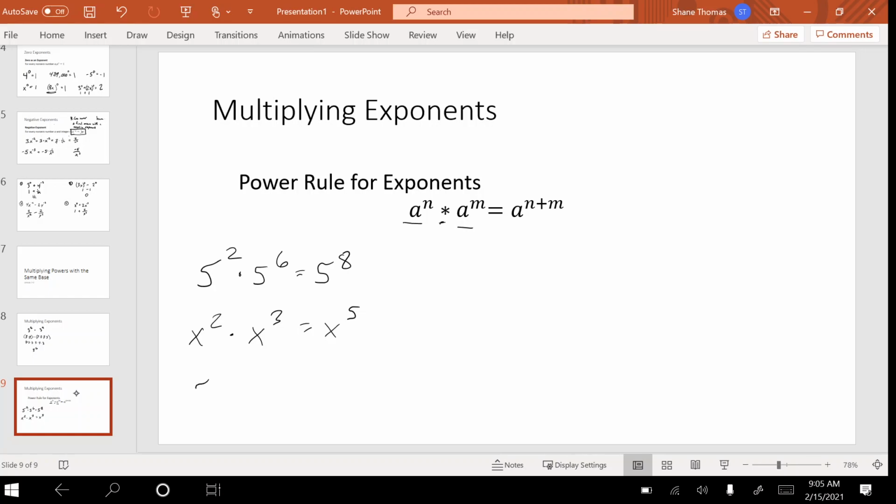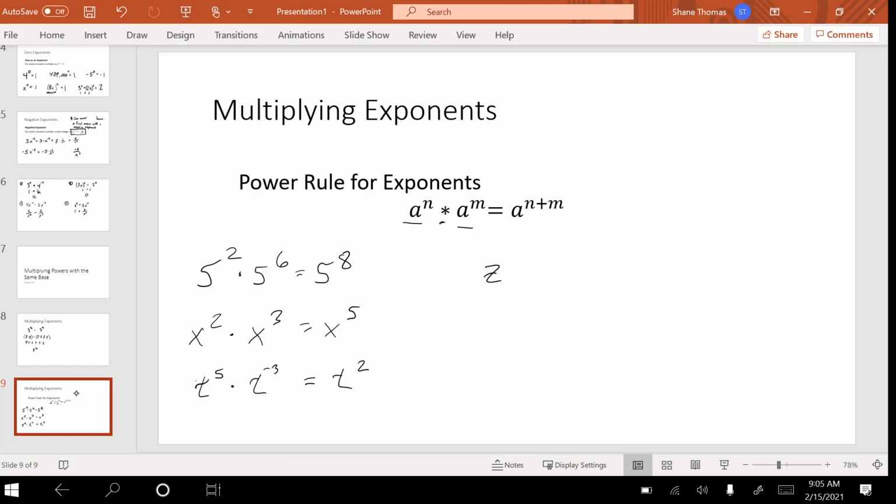How about, let's go t to the 5th times t to the negative 3rd. t squared. Good.